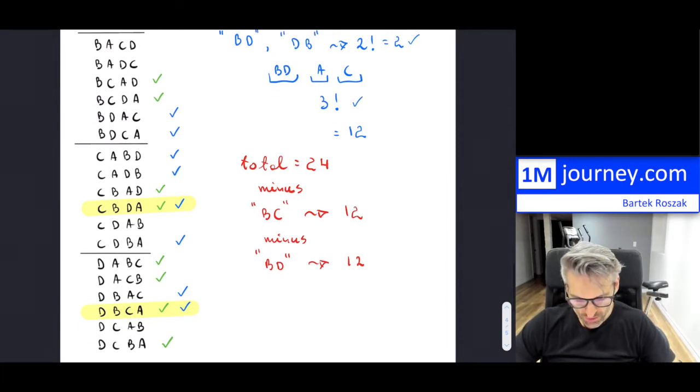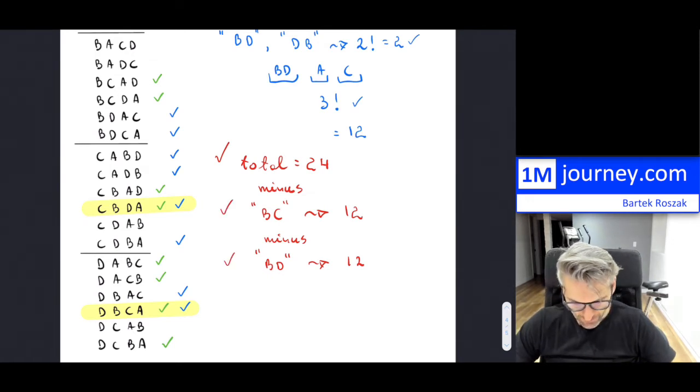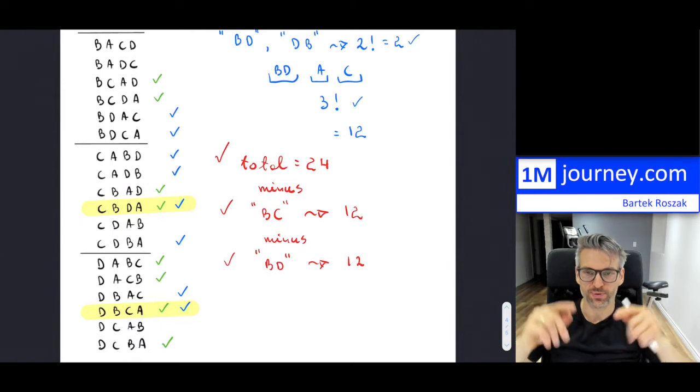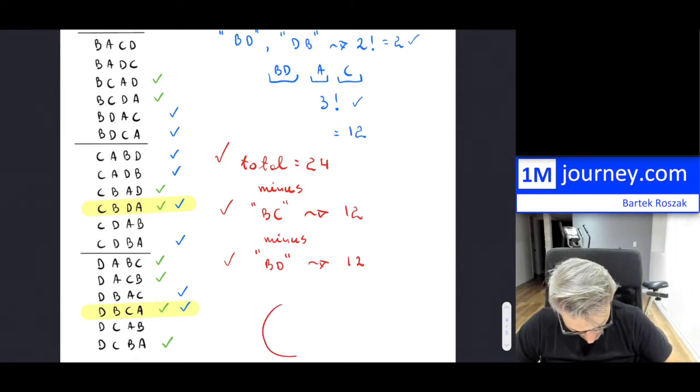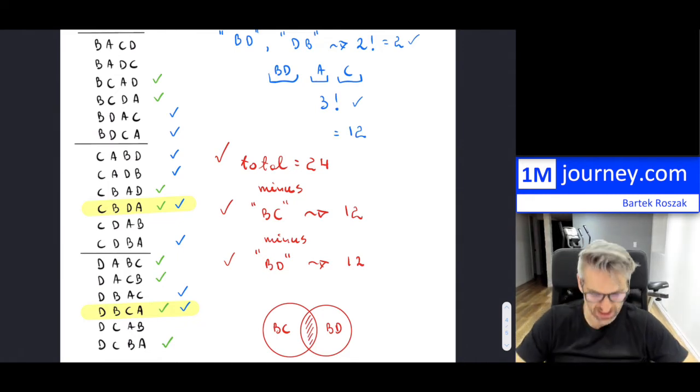So if you're going to be using this method, which is a good method, I use this method, the total minus when they're together, there is an overlap. It's almost like, and this will come back to you when you start studying Venn diagrams, because you have an overlap between B and C and B and D, which means you're going to be counting them twice sometimes.